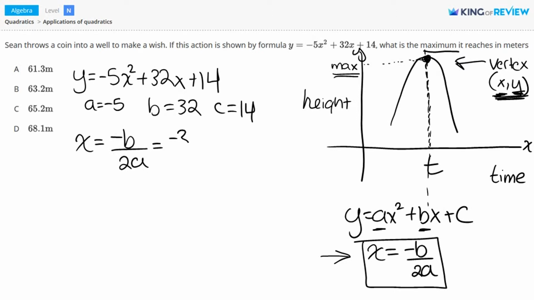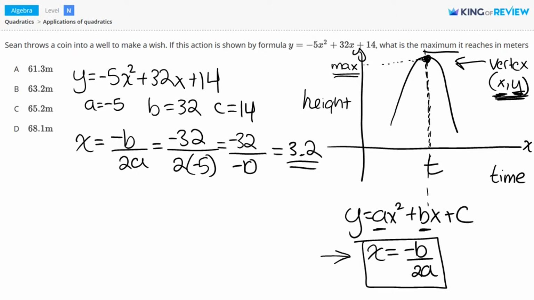This equals negative 32 over 2 times negative 5. This equals negative 32 over negative 10, and we get 3.2. So 3.2 is the x-coordinate of the vertex. This represents the time at which the coin reaches the maximum height.